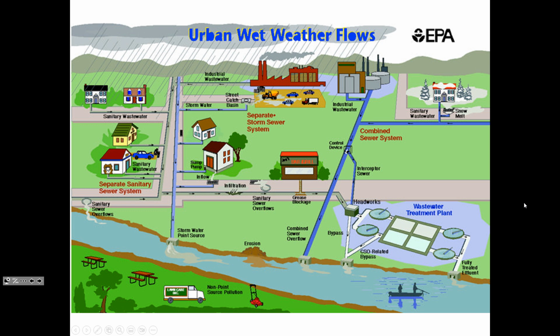Here is a pretty good illustration that maybe helps us to understand some of the challenges that are faced by wastewater treatment plant operators. And one of the first things that jumps out in this figure is that in a given town, there could be three different sewers.